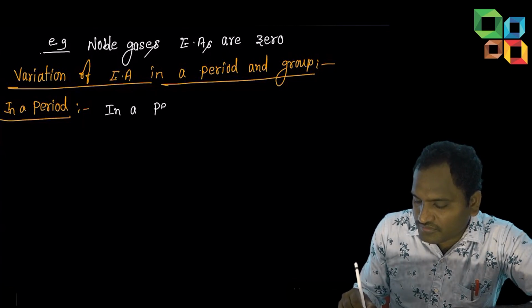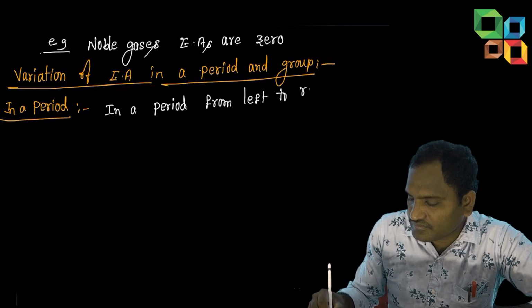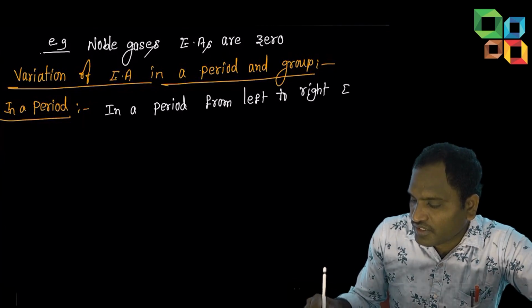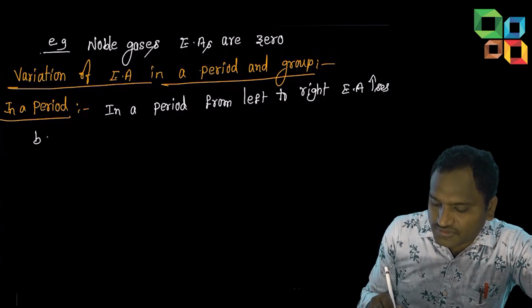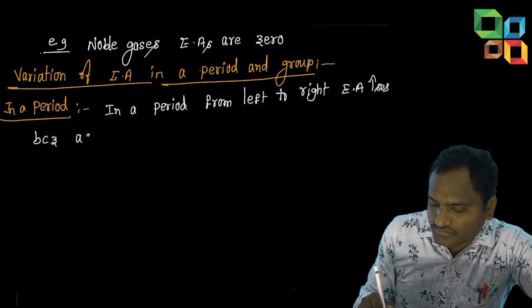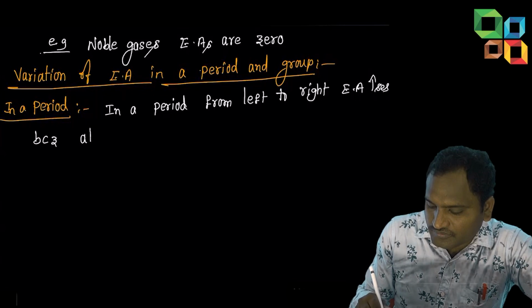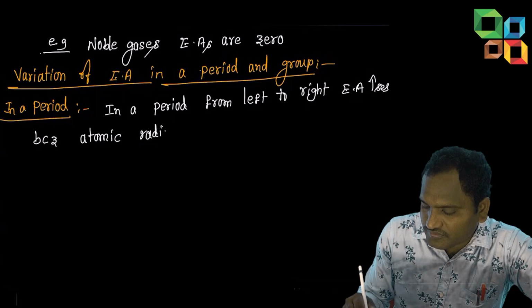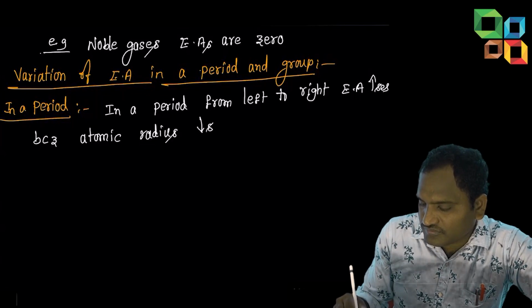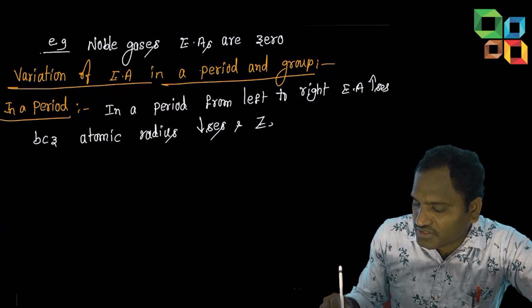In a period, from left to right, electron affinity increases because atomic radius decreases and effective nuclear charge increases.